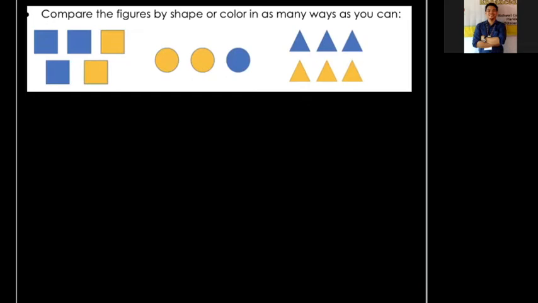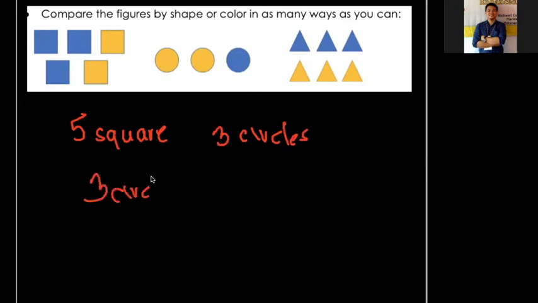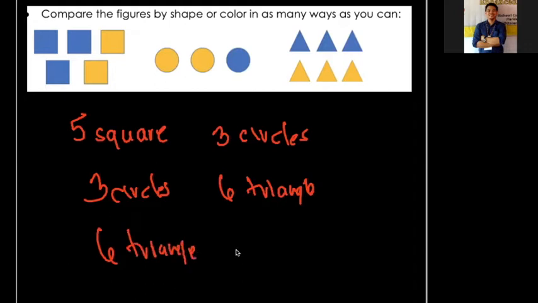We can say that for every five squares, there are three circles, or for every three circles, there are six triangles. Also, for every six triangles, there are five squares.